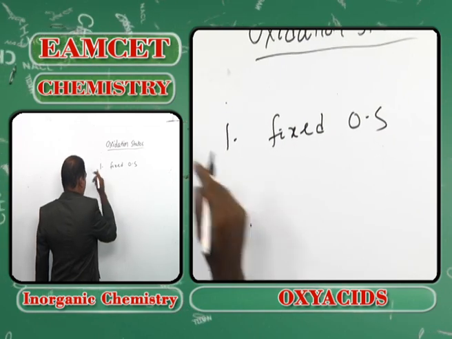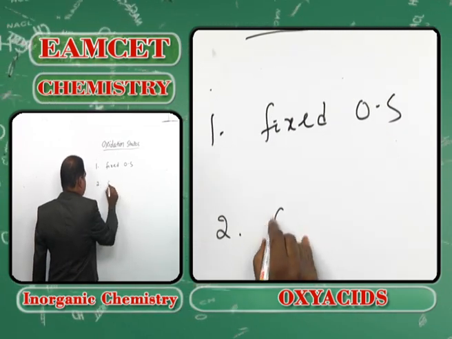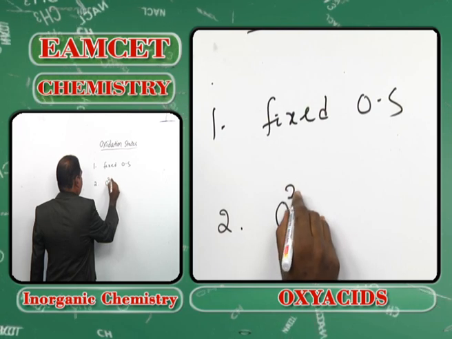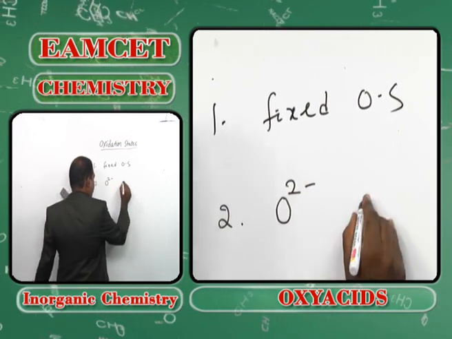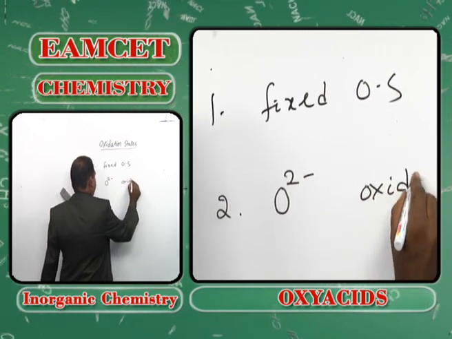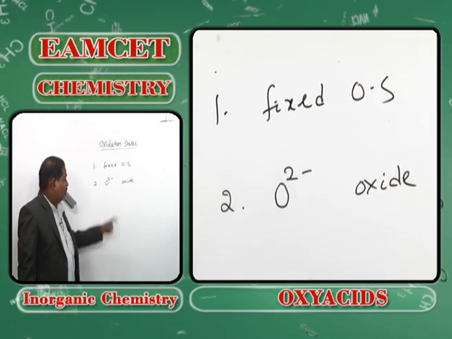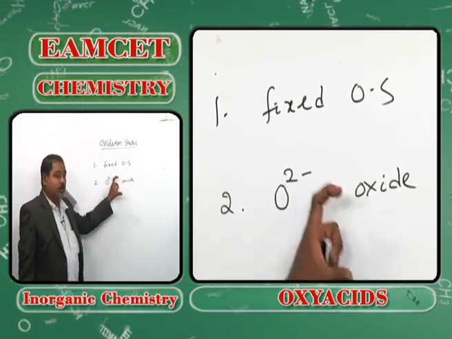Second point, if oxygen gets 2-, oxygen -2, then it is called an oxide. I repeat, oxygen 2- is called oxide.